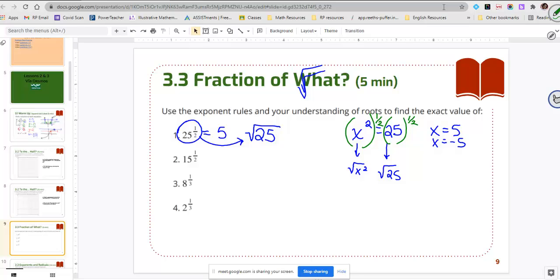we had a rule from lesson 1. One of our rules in lesson 1 tells us that if we have a base to an exponent raised to another exponent, that we could multiply those two exponents together and write it as a single exponent.